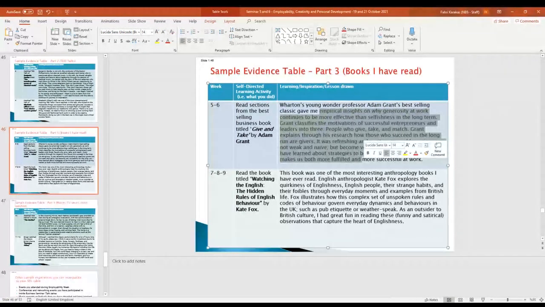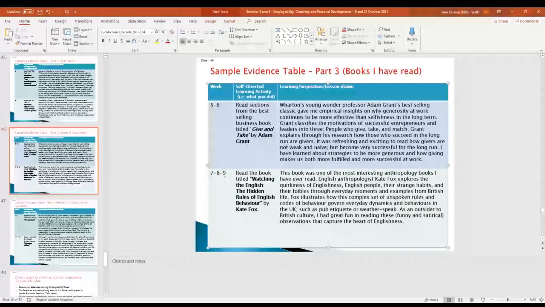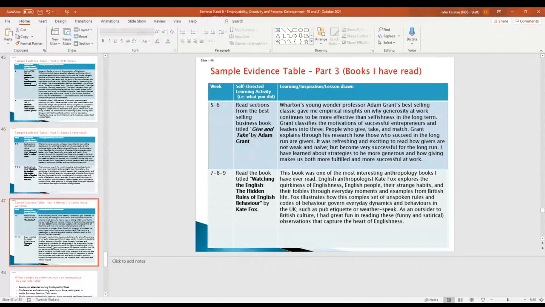I love all his books. I also read the book Watching the English, The Hidden Rules of English Behavior. This is an anthropology book about British culture. And it's a really funny book. I just summarized that one. So you can choose some books as well.